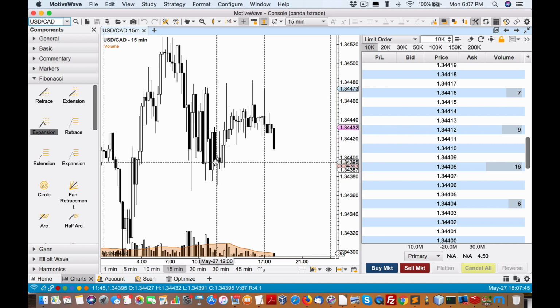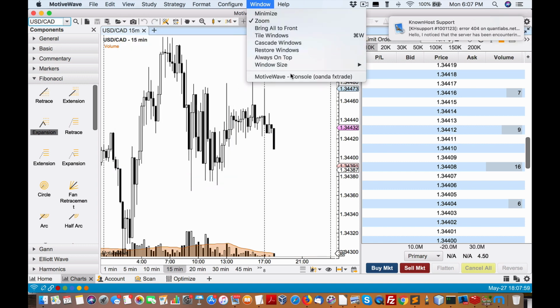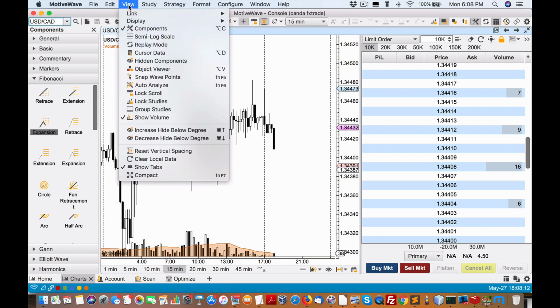So I have to add a new set. This can be spanned out against multiple windows if you have multiple charts. So I guess I just lost all my indicators, so let's put them back in.